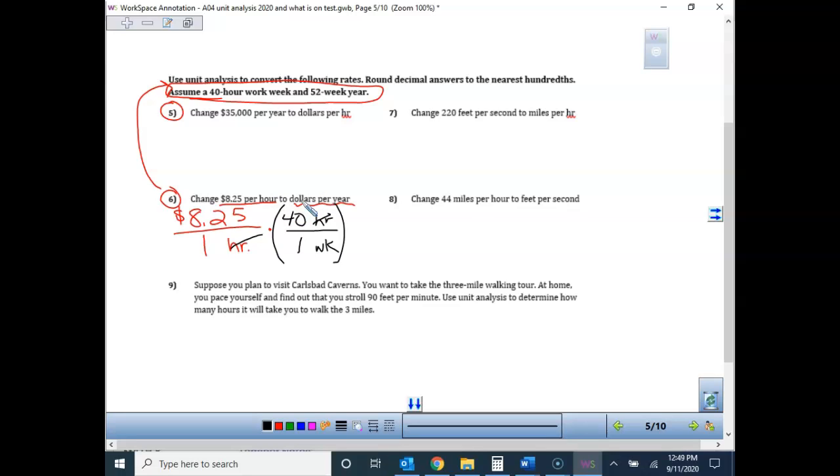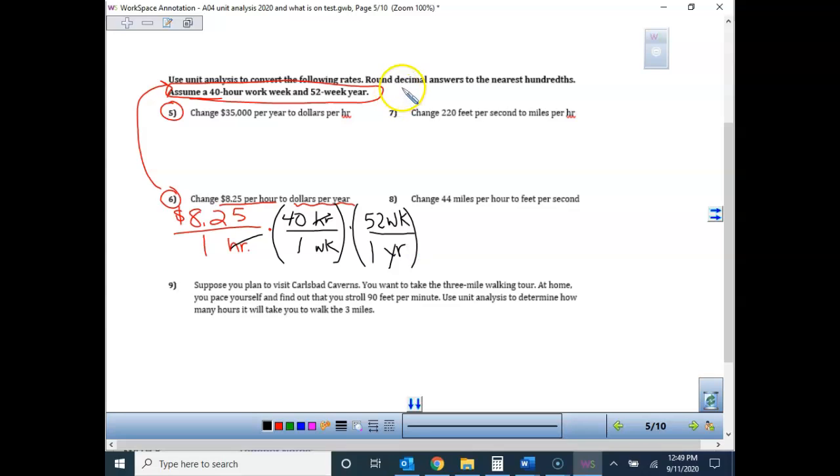So if I'm looking at it, Martin, what are you going to do next? Multiply by what? 52, because that's my weeks, to 1, and that's a year. So it doesn't say this as a conversion.